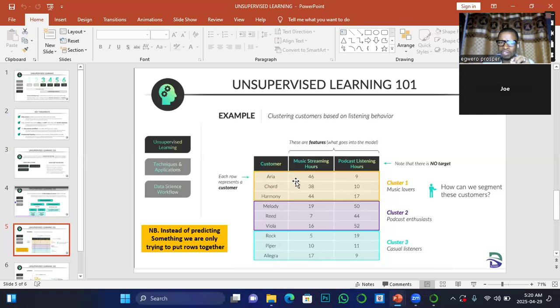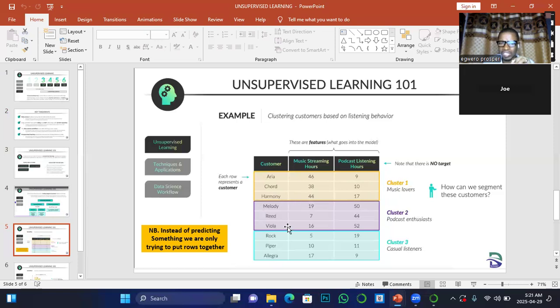You will find out that, let's look at them under music streaming hours. Look, they have the highest values, 46, 38, then 44. So that is why we say that, okay, this set of people, they love music. So we cluster them and we name that cluster as cluster 1.